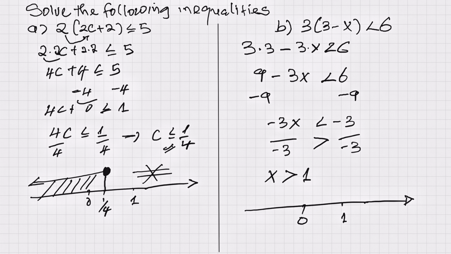So we leave an empty circle there. Since it is greater than, it is all values above 1. Some people even like to leave a dotted line at that boundary point. That is the section that will satisfy the inequality.